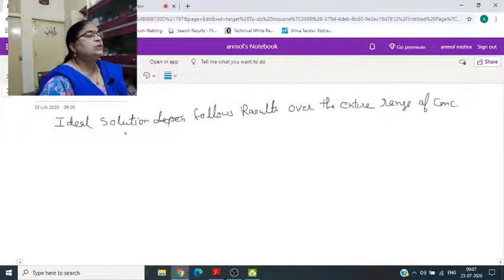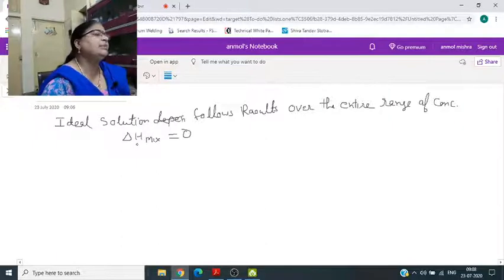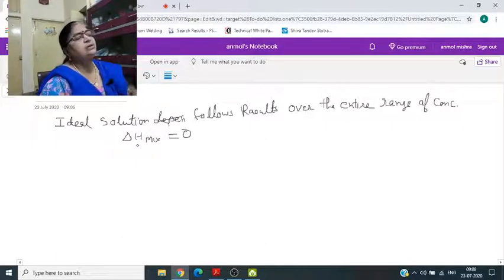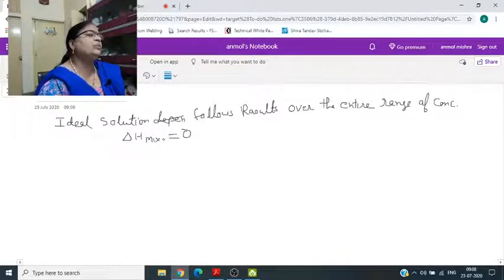Now suppose two components are mixed together. Here delta H mixing is not changed. Means if the enthalpy of the first is H1 and the second is H2, if you add them, there will be no difference in the enthalpy. The total will be the same, the sum of the two enthalpies, H1 plus H2.